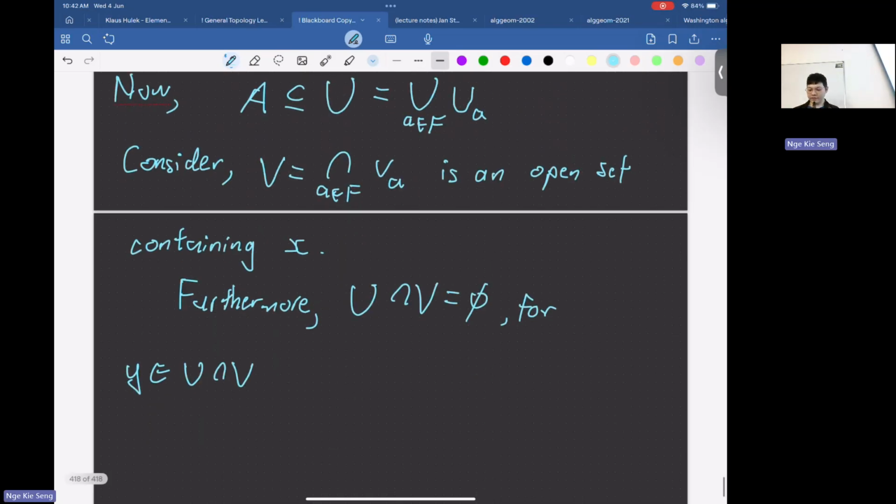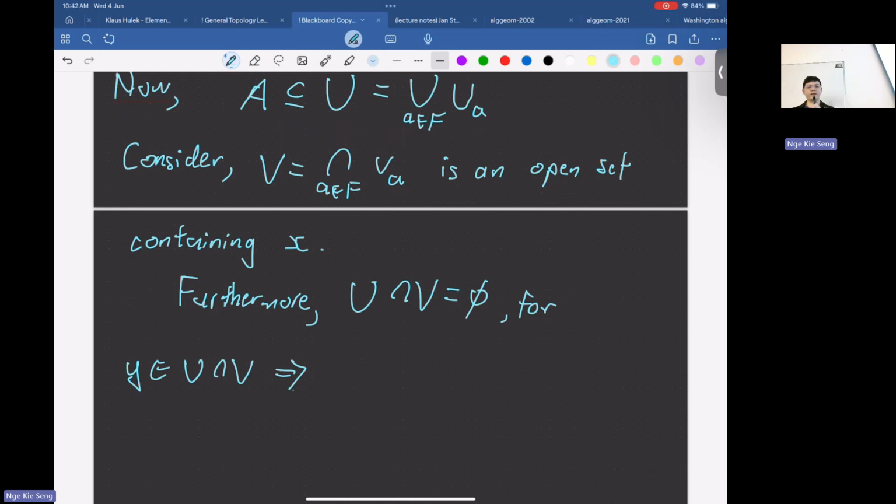If there's a point in U intersect V, what does it mean? U is a union, V is an intersection. Meaning Y should live inside one of the UI intersect with V. But this one is living inside one of the UI intersect VI, because this is the intersection.